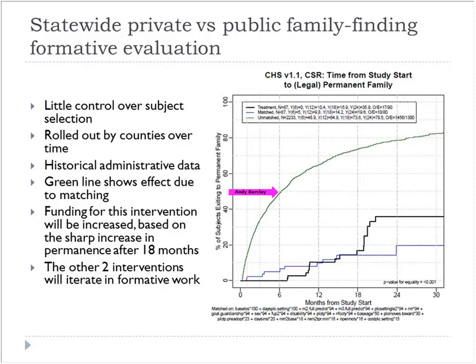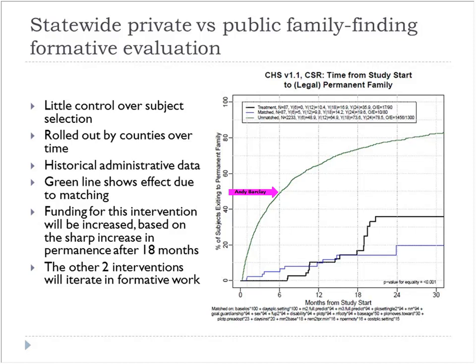Okay, back to this example. Here, on my survival chart, I wanted to show you this green line. The green line here are the unmatched subjects. So that kind of gets to this point about the selection bias and the difference between the group that we're bringing into our intervention and the general population of children in child welfare.